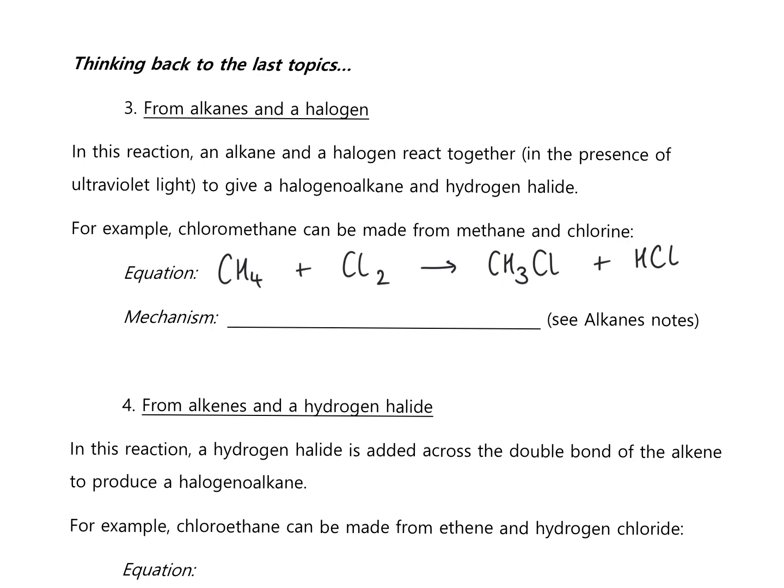This reaction proceeds via a free radical substitution mechanism, which we looked at in a lot more detail in our alkanes notes. So that idea of taking our chlorine molecule and making it into 2 chlorine radicals using UV light, and that reacting with the methane and so on, your initiation, propagation and termination reactions. So look back to your alkanes notes for more detail on that.